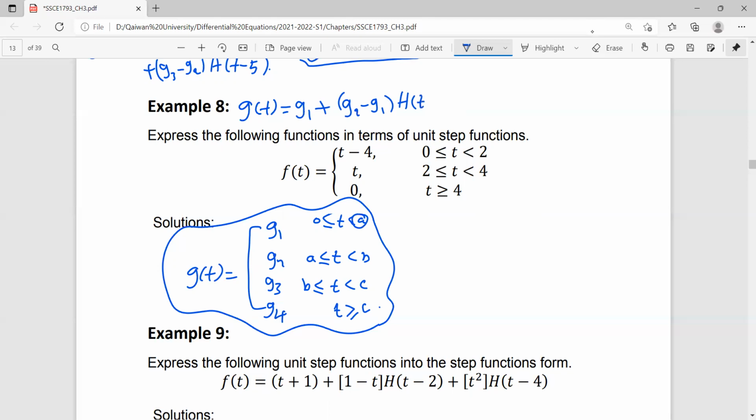Okay, then plus, we found this one, g3 minus g2 times h of t minus b, plus g4 minus g3 times h of t minus c. That's all. So if you have 5 functions, we have one more. Okay, that's all.